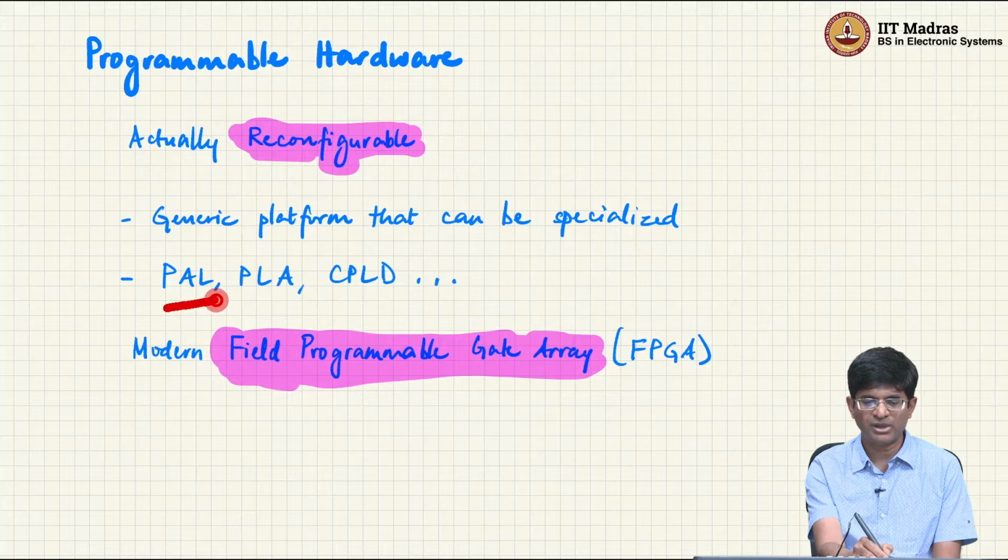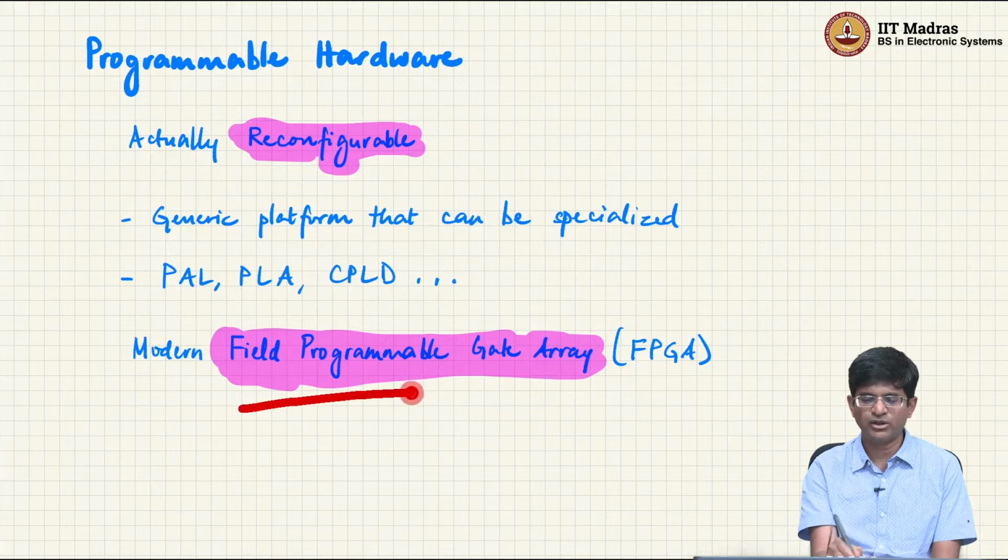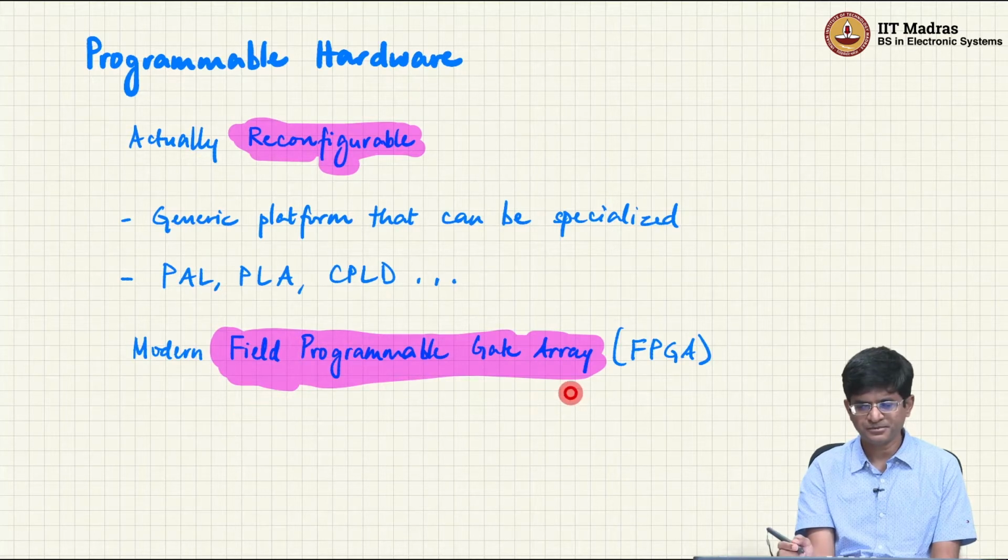You have programmable array logic, programmable logic arrays, similar but different conceptually. These are from decades ago, probably from the 60s or 70s, right? They have been around. That sort of evolved into this notion of CPLDs, complex programmable logic devices, and eventually to get to the point where we have the modern field programmable gate array, or the FPGA.